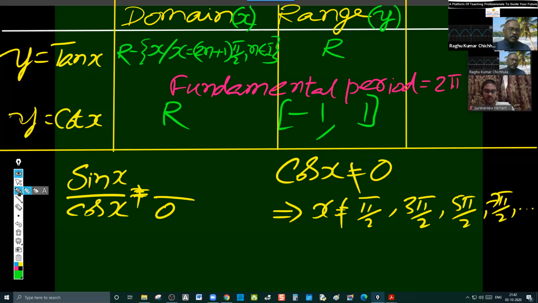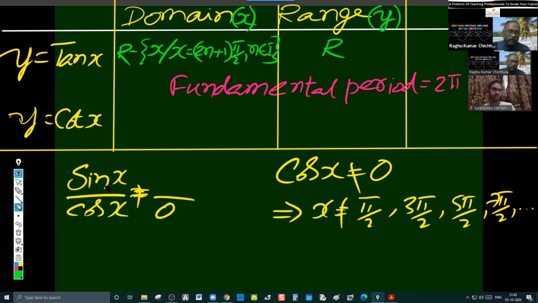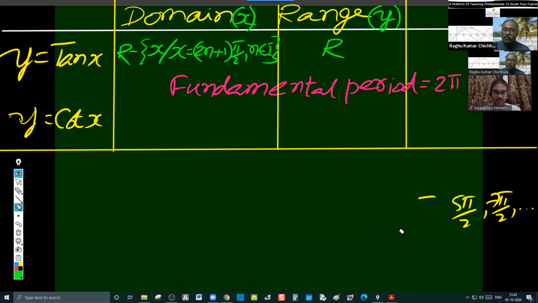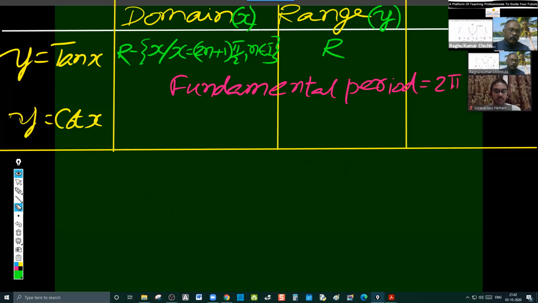Now, let me expect the domain of cot x from you. I'm erasing this to give you a better idea. The idea I want from you: if you understand properly the domain of tan x, you can say the domain of cot x now. What is cot x in terms of sine and cos?